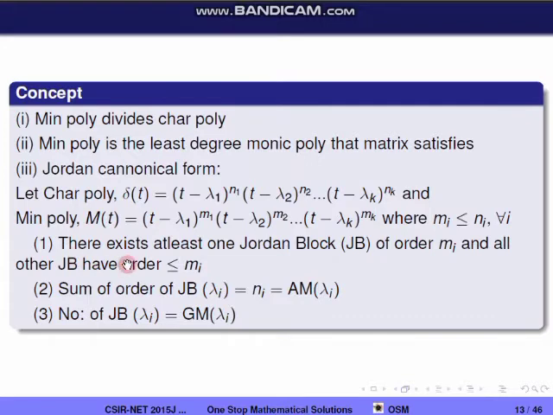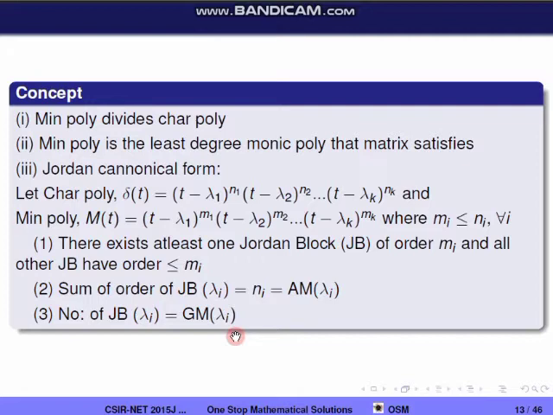Then there exists at least one Jordan block of order mi, and all other Jordan blocks have order less than or equal to mi. Sum of order of Jordan blocks is equal to ni, which is the algebraic multiplicity of lambda i, and the number of Jordan blocks will be the geometric multiplicity of lambda i.